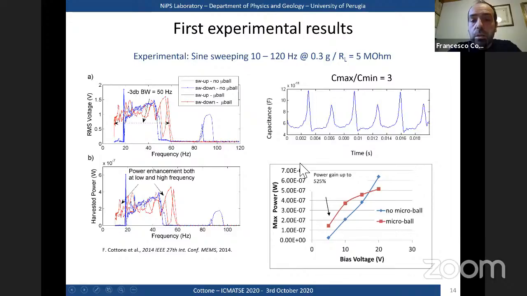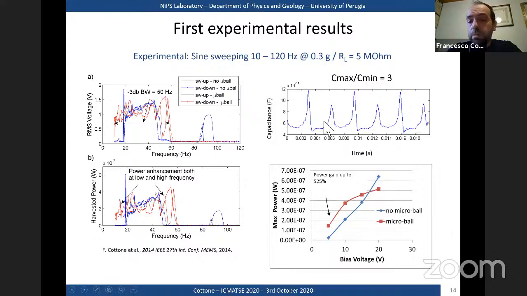This is very important. Here on the right, you can see the capacitance variation over time that is measured with a fast, high bandwidth oscilloscope. The bigger the variation of the capacitance, the bigger the energy that is converted from mechanical to electricity.